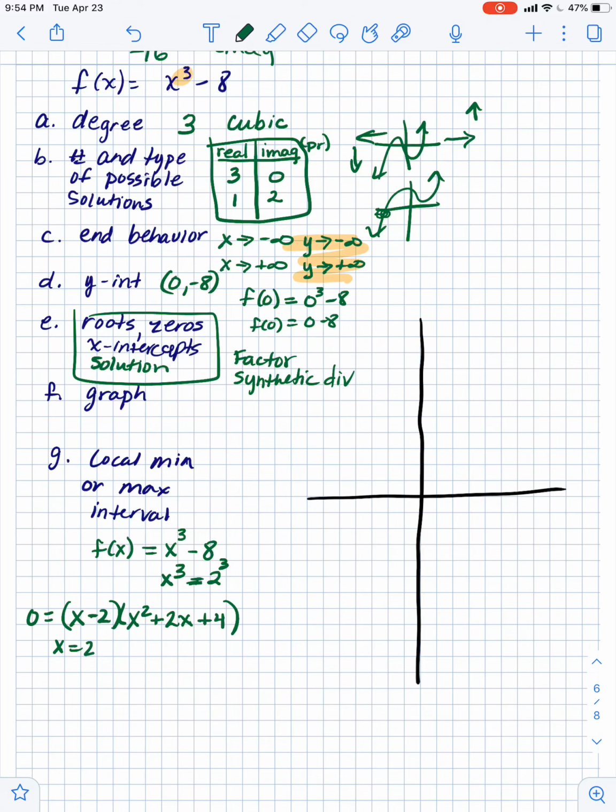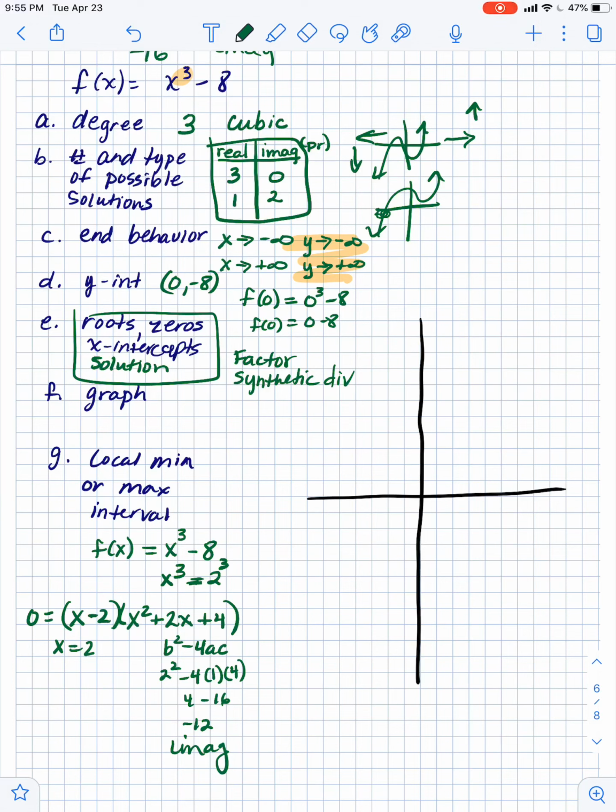Or it could be imaginary. So let's do a quick b squared minus 4ac. So that would be 2 squared minus 4 times a times c, which is 4 minus 16, which is a negative 12. So this piece is going to be imaginary.